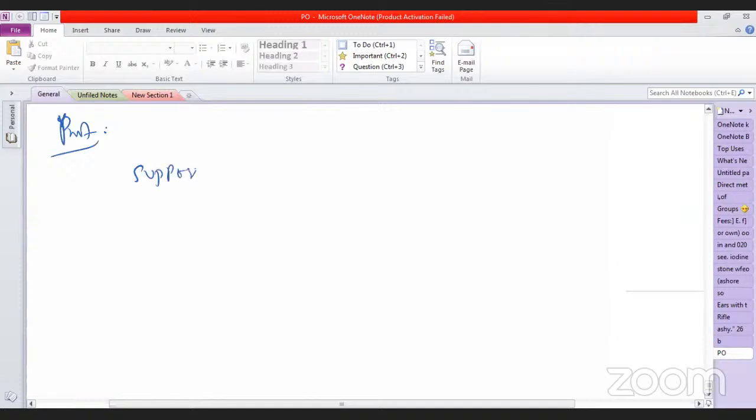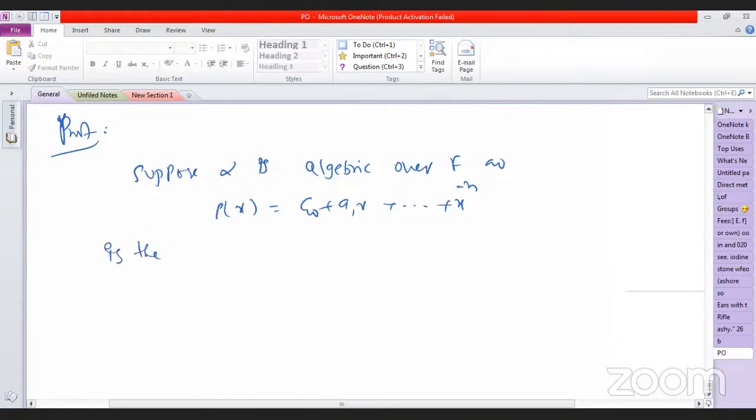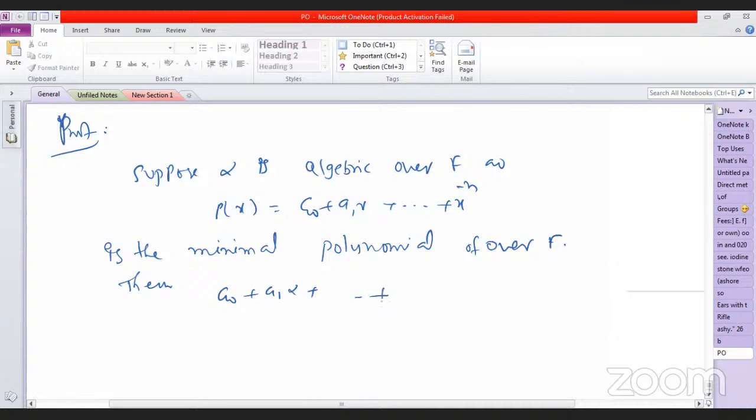Suppose alpha is algebraic over F and P(x) = a0 + a1x + ... + x^n is the minimal polynomial of alpha over F. Then a0 + a1 alpha + ... + a(n-1) alpha^(n-1) + alpha^n = 0.